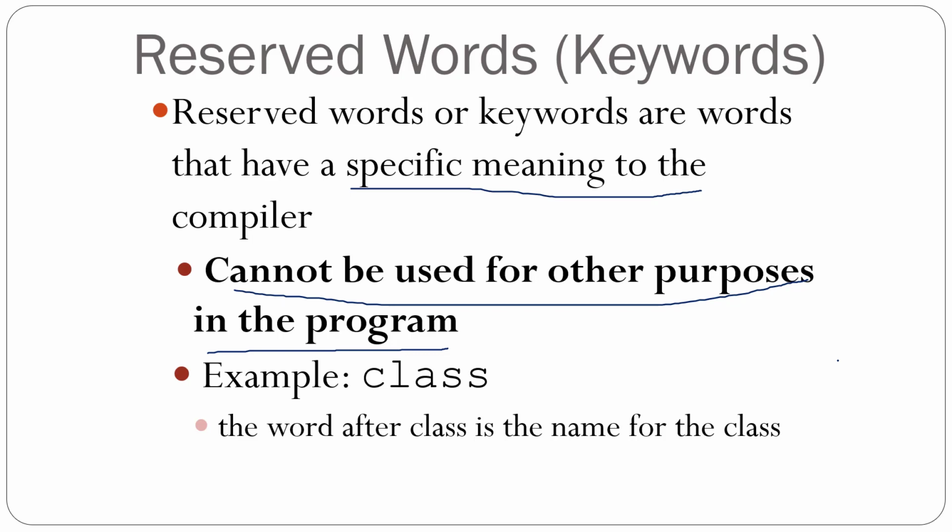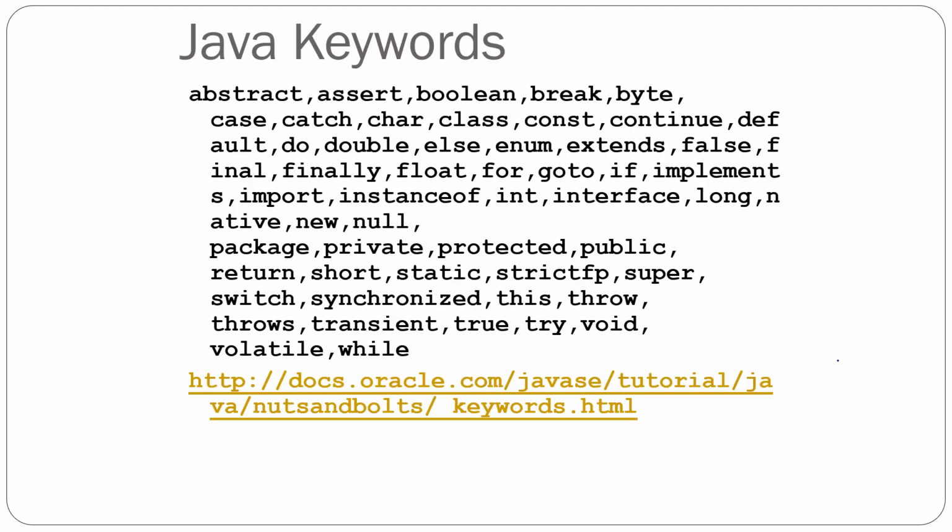So when you're using class, Java, the compiler, will interpret it as that you are about to declare a class. So you can see there are a lot of keywords, right? Abstract, assert, boolean, break, and we'll learn about all these things very soon. But if you can get an idea about the fact that we have a lot of keywords in Java.